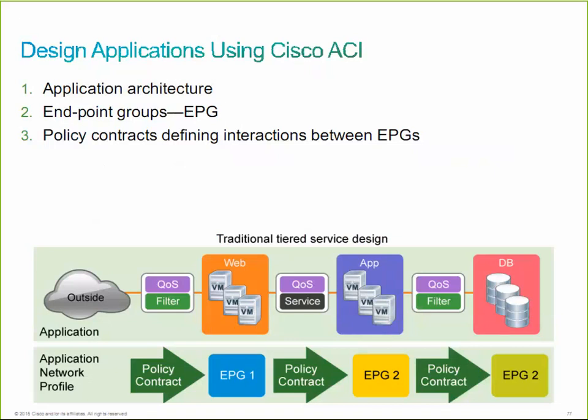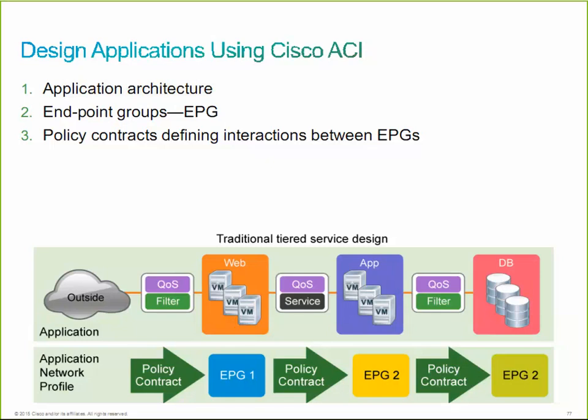What we're seeing on this diagram here is our traditional 3-tiered application, and then how that can be described as part of the APIC environment, right? The application network profile contains our application policies. The policy consists of these things called EPGs.